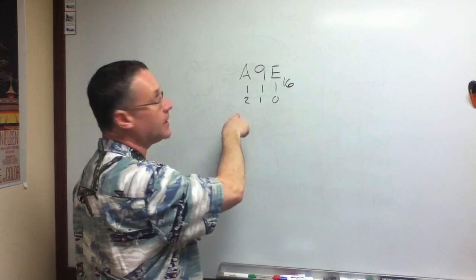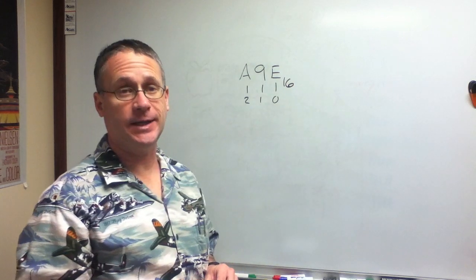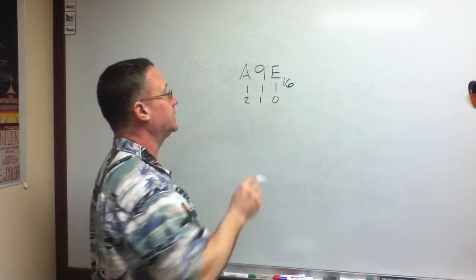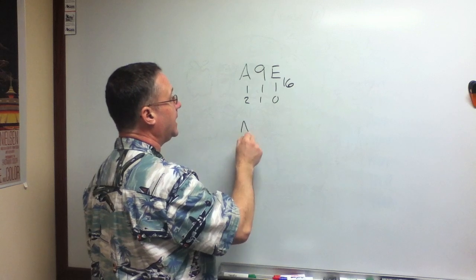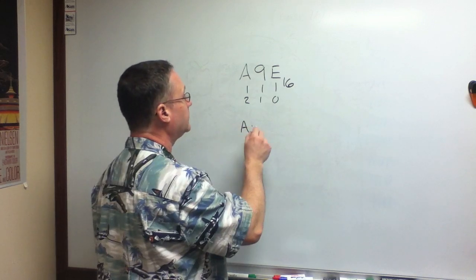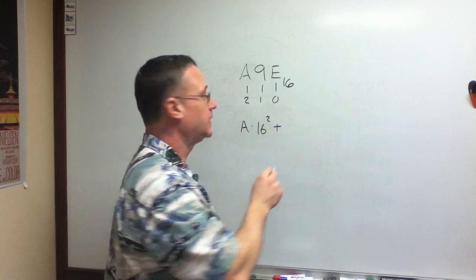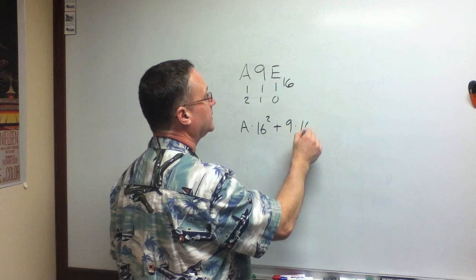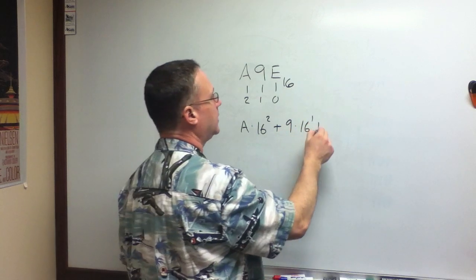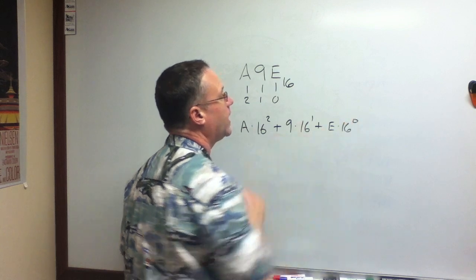So this numeral, if I want to convert it into decimal, goes like this. A, and we'll talk about what that is in a minute, times 16 squared plus 9 times 16 to the first plus E times 16 to the 0 power.